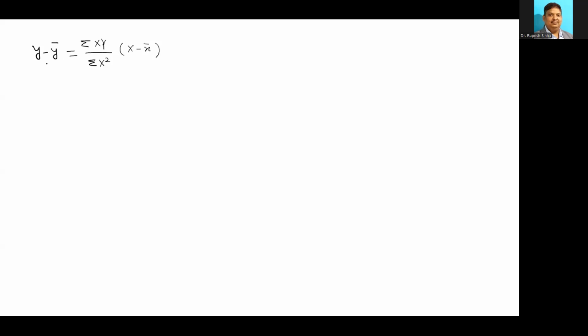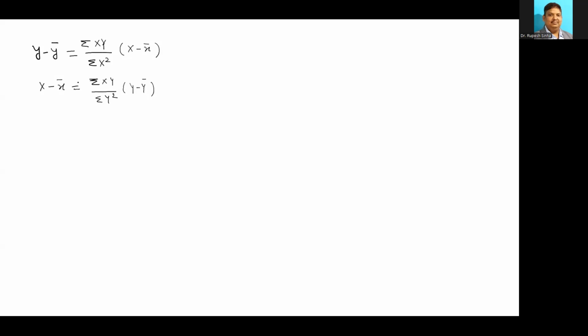In the same way, if y is given and you have to find out x, then we have our equation: x minus x bar equals summation xy divided by summation y square, into y minus y bar.